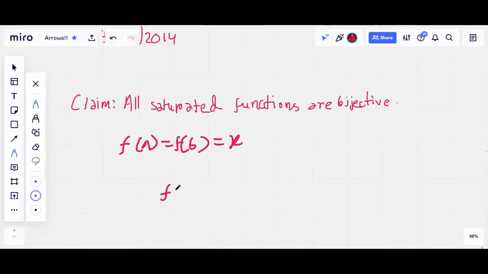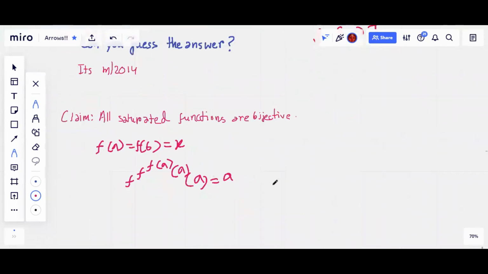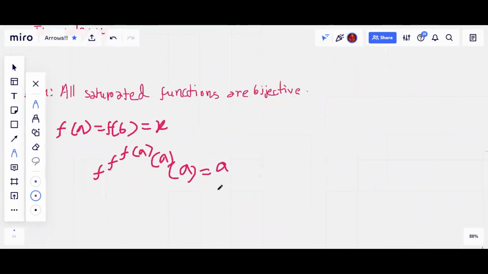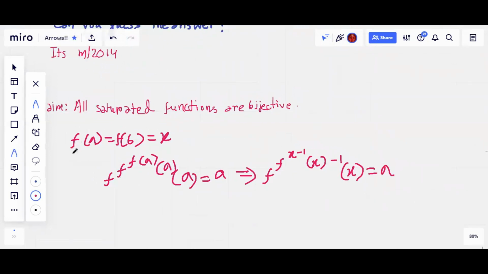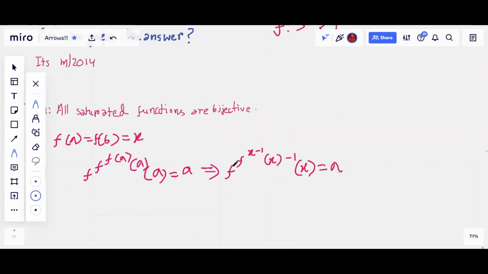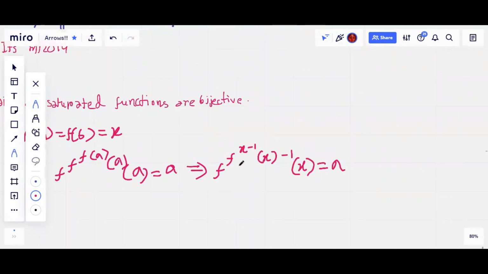Now the problem says that this implies that, because we know that f of a equals x, we can simply represent it all in terms of x.